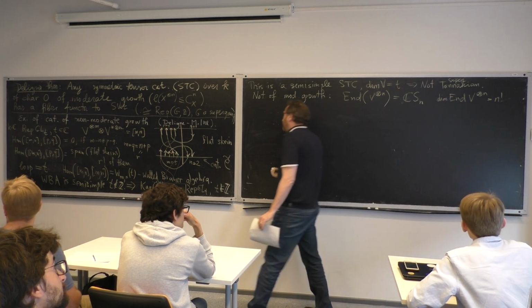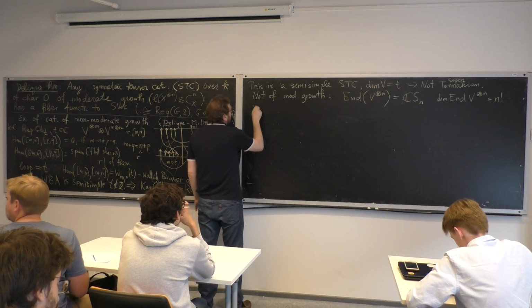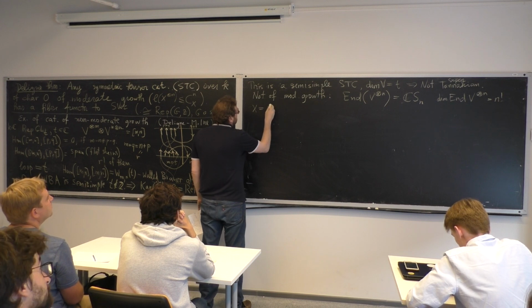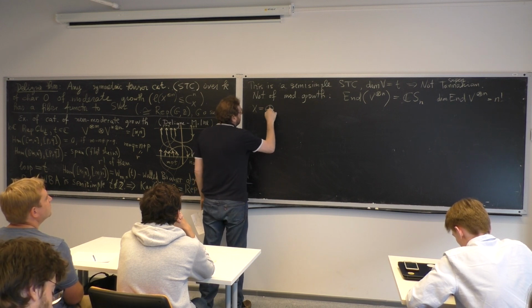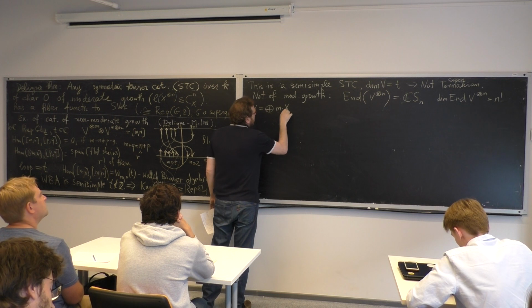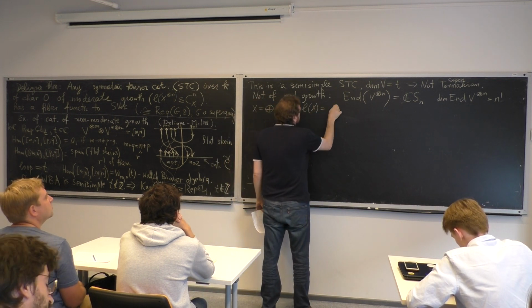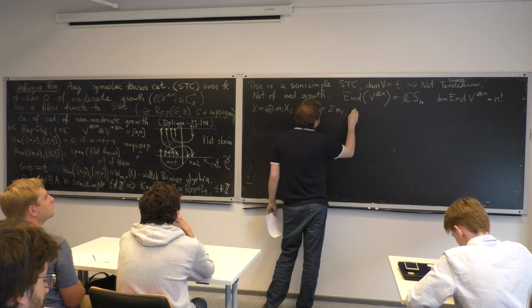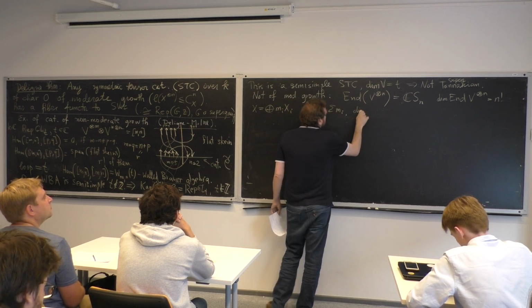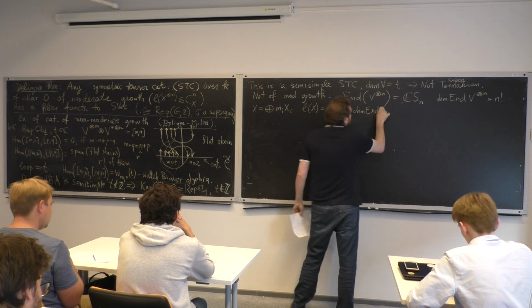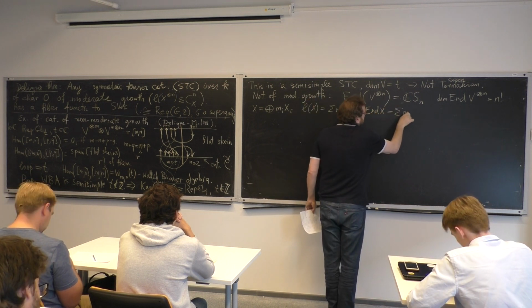But there is an obvious inequality. So you have any object in your category which is the sum of m_i x_i, where x_i are simple, then the length of x is the sum of m_i, and the dimension of the endomorphism algebra of x is the sum of m_i squared.